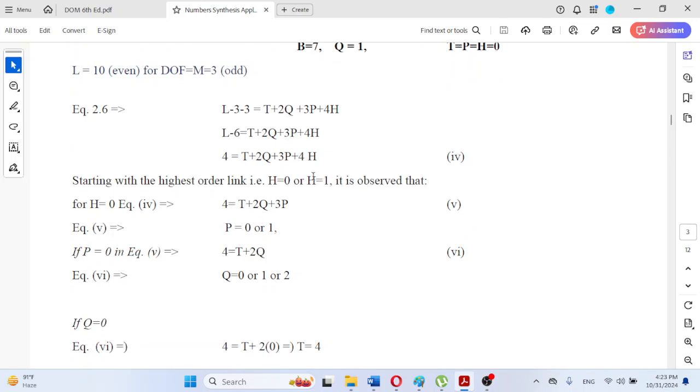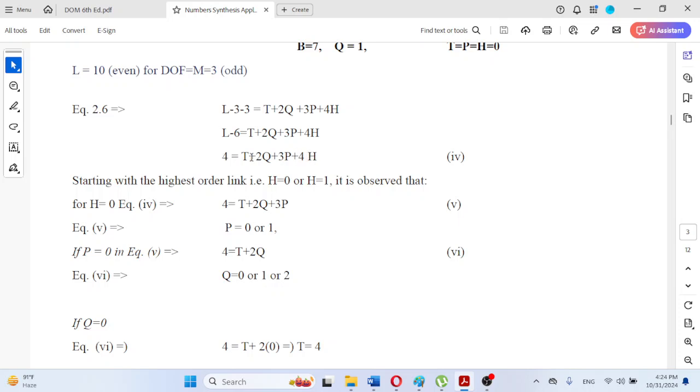So here this is the deciding equation, and in this equation, we will be starting from the highest order link, which is hexagonal. So its lowest count or lowest number can be 0 or 1, and in this way that will be increased. But as we can observe, H can adopt only 0 and 1 value, because if H is equal to 2, that means 4 multiplied by 2 will be 8.